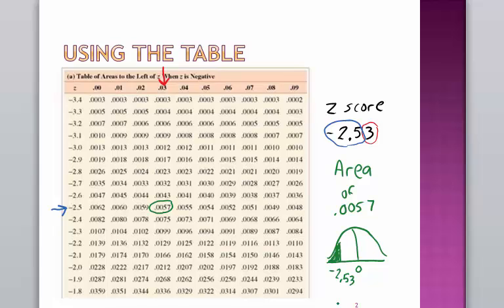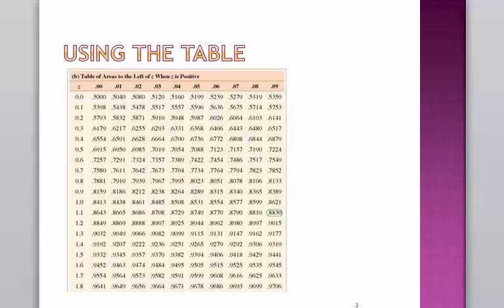If you notice, we also have a version of the table where the z-scores are positive. So let's look at that. It works very much the same way. Suppose that we have a problem where we are asked to find the area for a z-score of 1.74. Again, we're going to use the first two digits and look up 1.7 down the left-hand column.